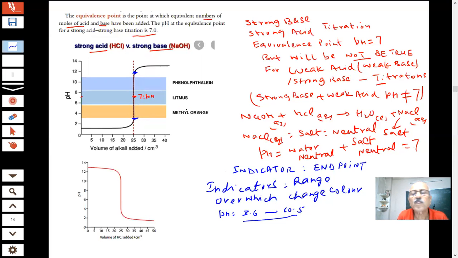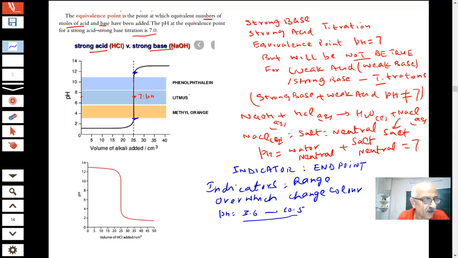And we have 3 possible indicators for strong acid and strong base. Methyl orange changes color in this range. Litmus changes color in this range. Phenolphthalein also changes color in this range. So we can use these indicators.